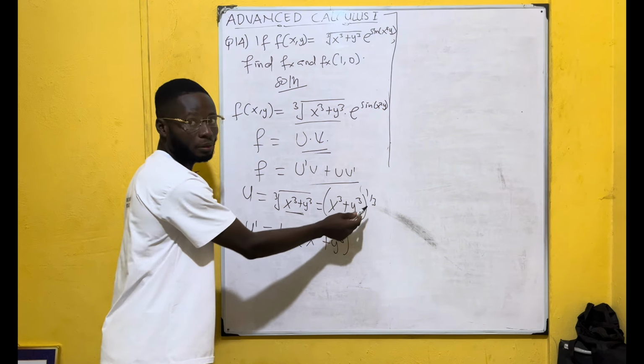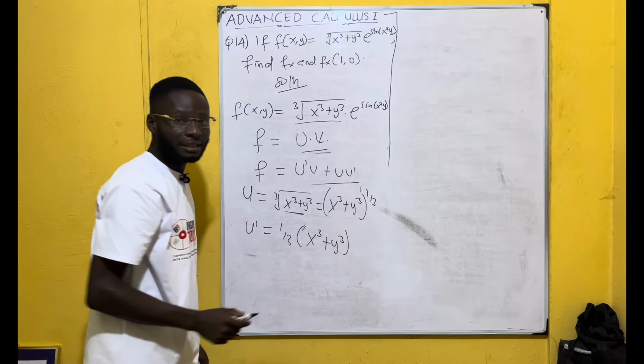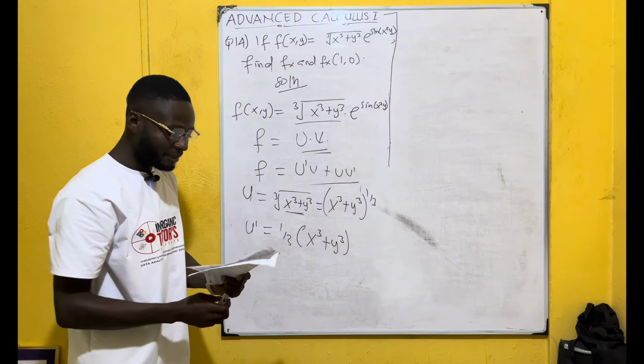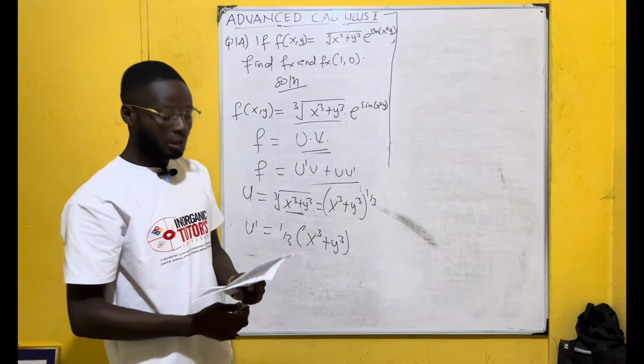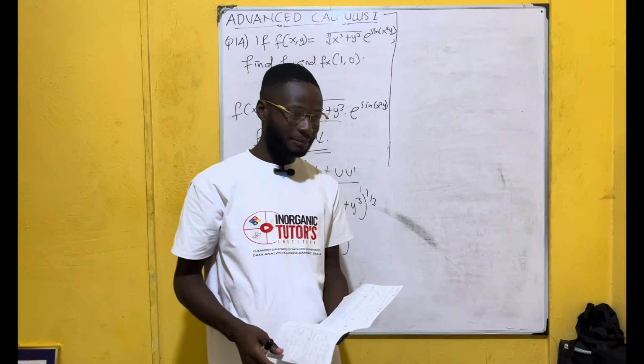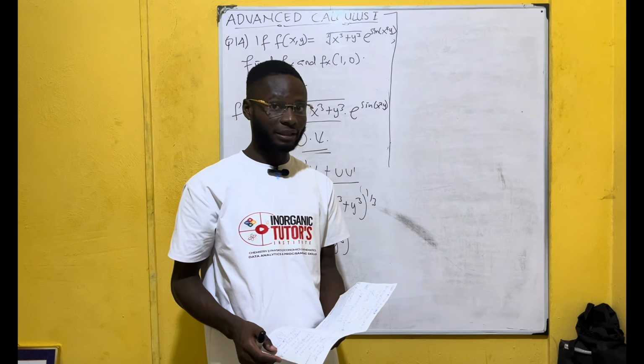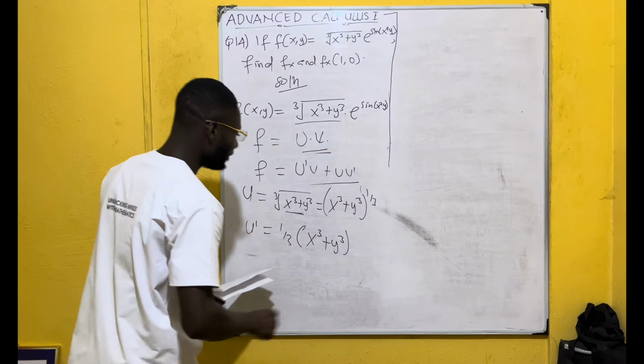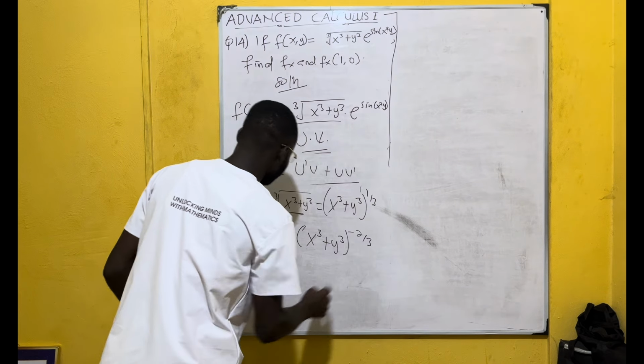So that is the power rule. So 1 over 3 minus 1 is basically negative 2 over 3.